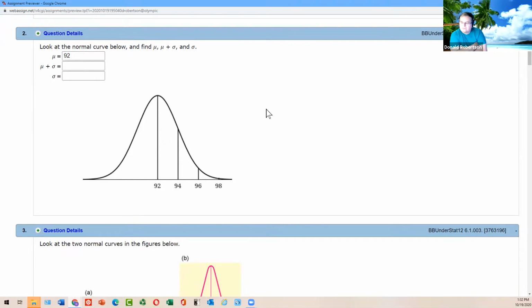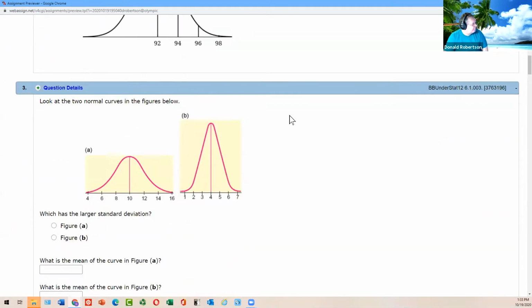What's sigma? 2. Agreed? From there to there, it's 2. From there to there, it's 2. From there to there, it's 2. Which kind of makes this guy a little bit more sensible. That's nice and quick, right? Not really heavy duty work.